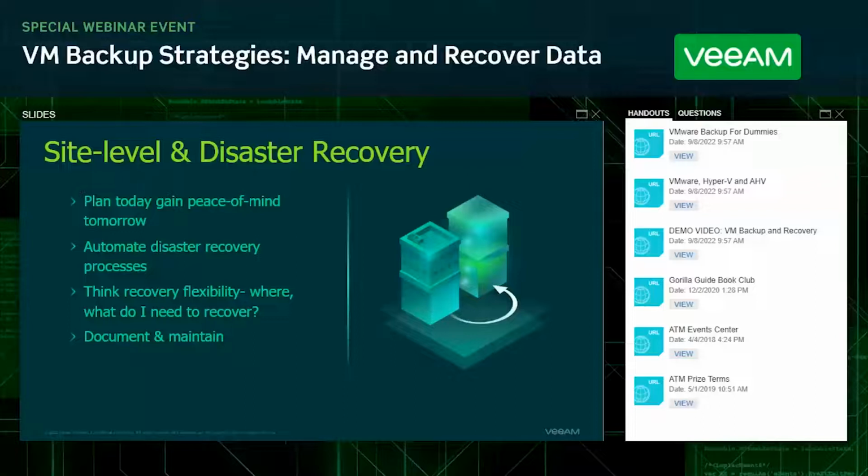Think recovery flexibility: what do I need to recover? One of my favorite examples here is, let's say you're backing up the boss's laptop, somebody spills coffee on it, it dies.